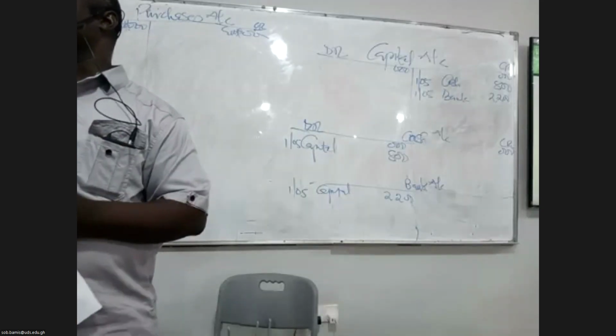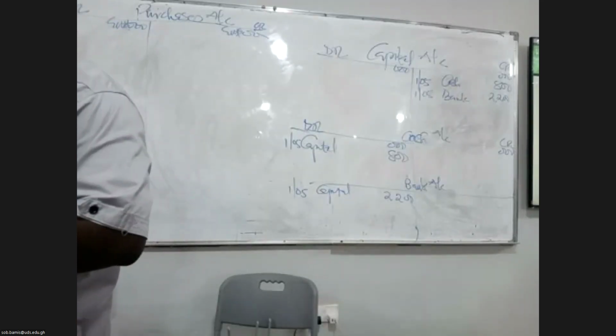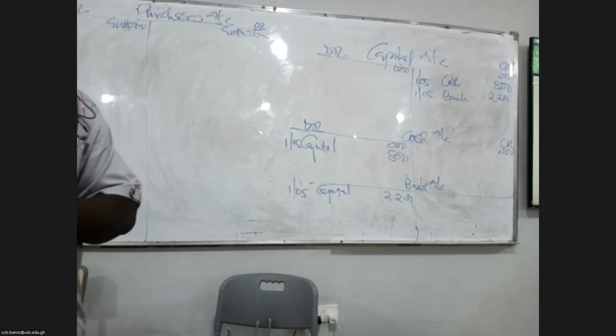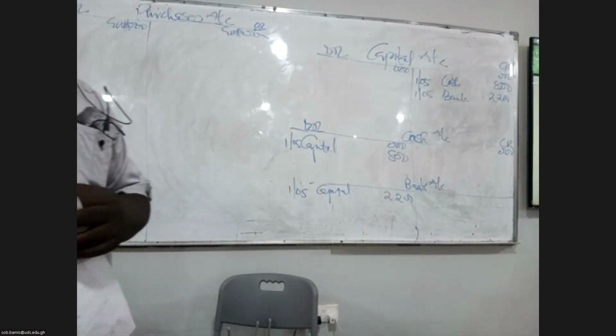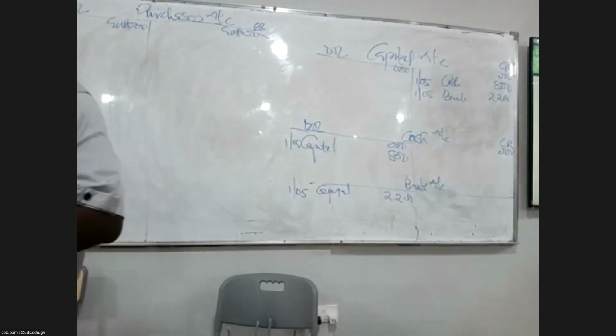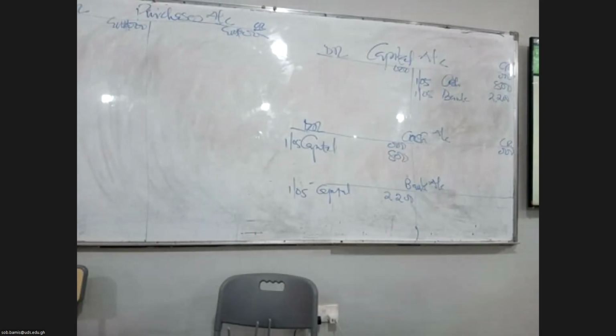Debit the purchases account in the name of the suppliers, and then credit the suppliers' accounts in the name of purchases. So you see it can be very easy.